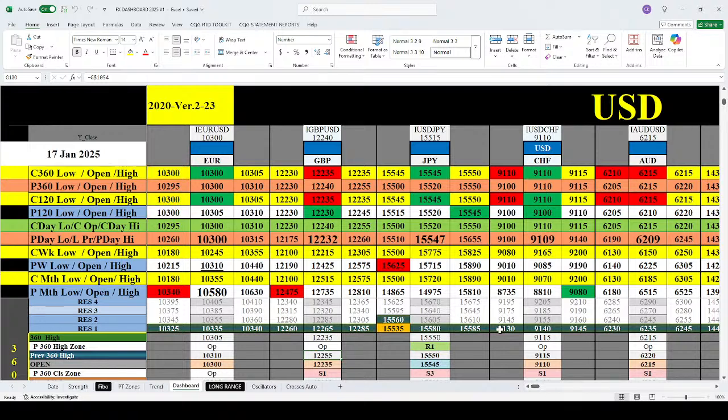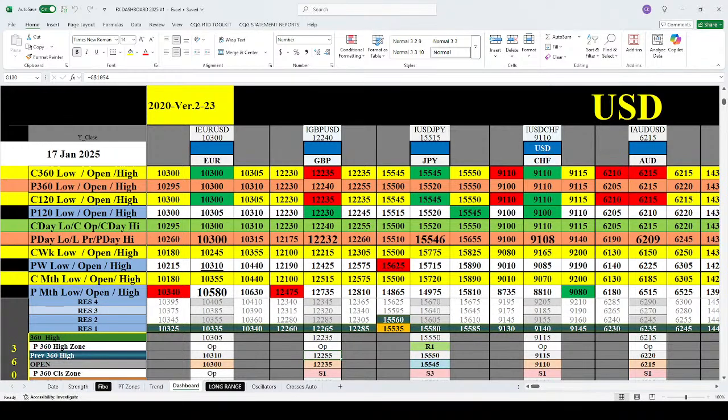So we can go for sell at 155.80, 156.05 or 10, or 155.60. Okay, so yesterday's 360 high was 155.55. So we see whether it breaks that level.